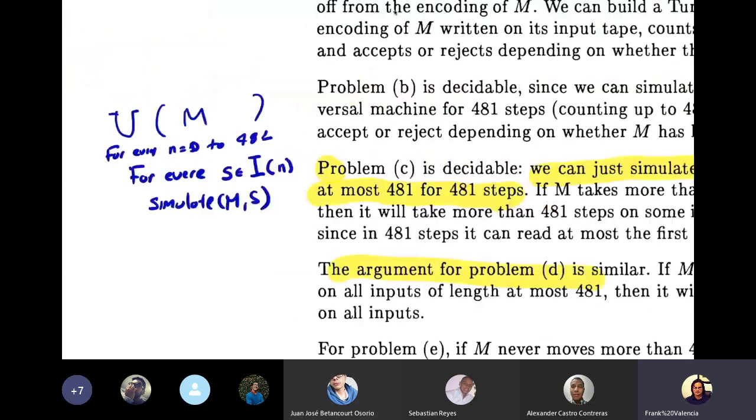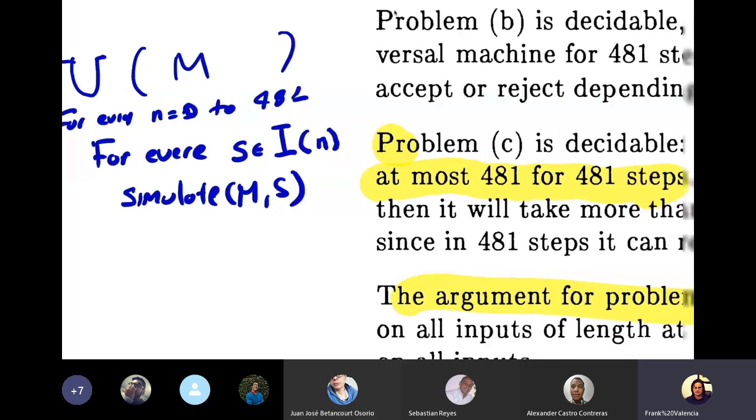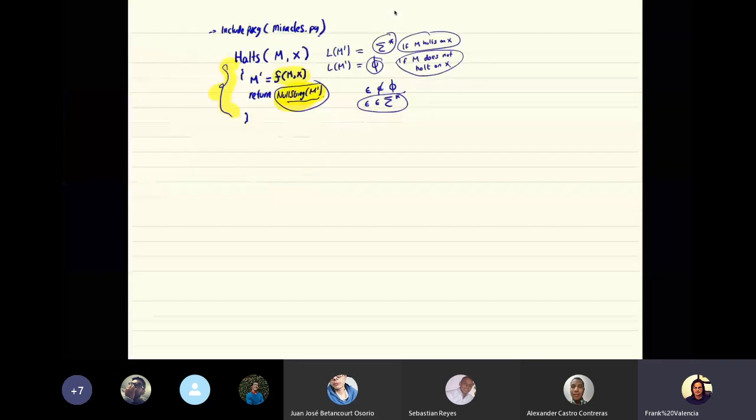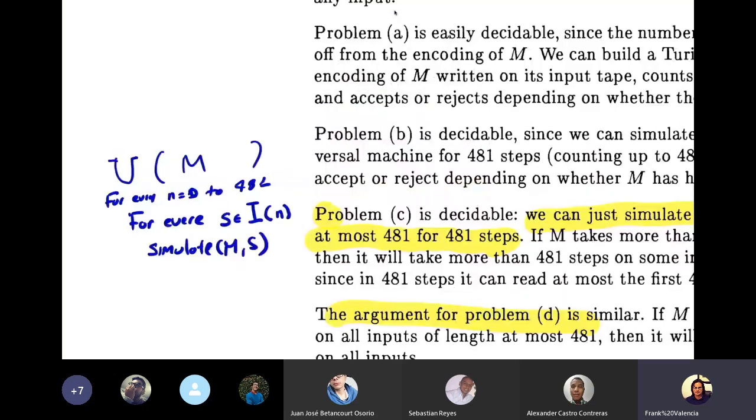For the other problem, it just looks at every input in this set, and when it finds one that takes at least 481 steps, then it stops and says, yes, that's the case.